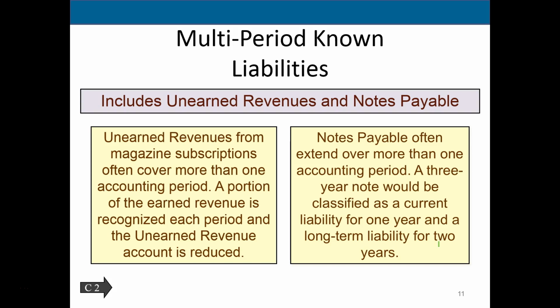We have to actually break that out into the current portion of the balance sheet. The rest of the note payable is over 1 year, and we have to have that in the long-term section. So what we're saying is these items could end up with a short-term portion as well as a long-term portion, because the liability extends beyond 1 year, but there are payment obligations within that 1 year.